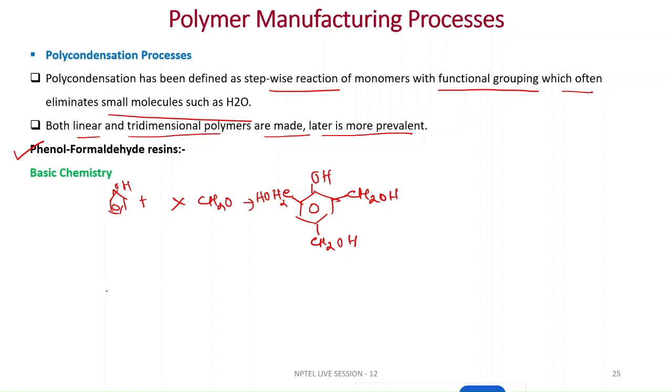In the next step, it forms the linear polymerization, where m number of this product participates to form the chain kind of structure.